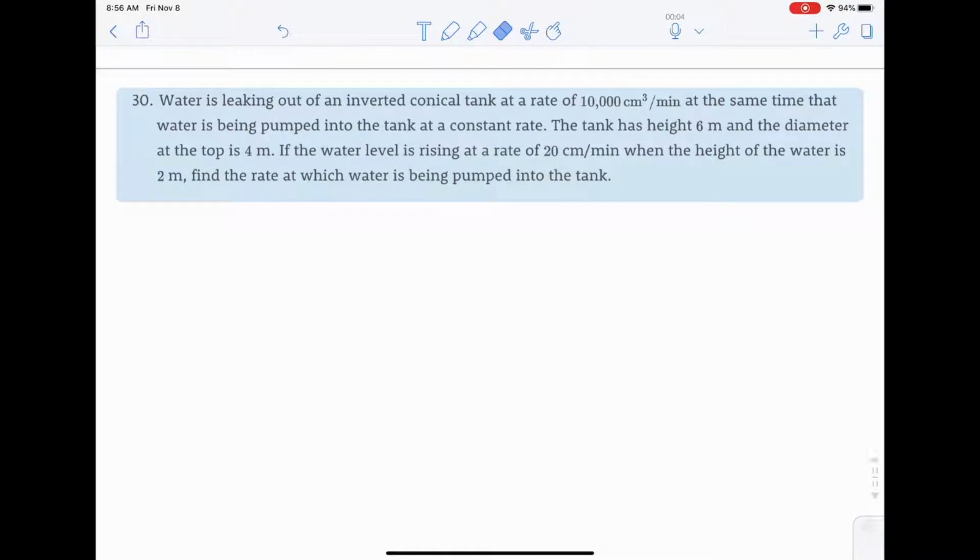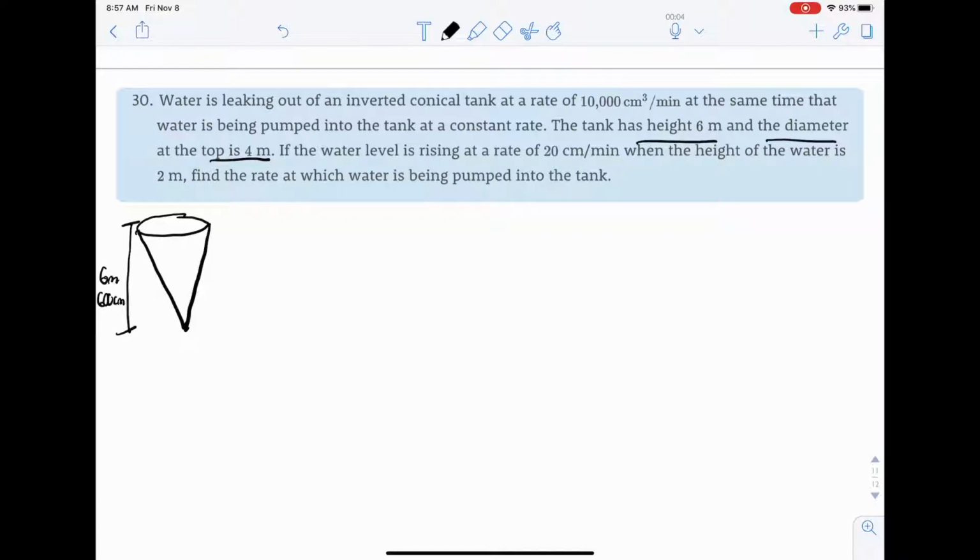Alright, so here's our cone. And we're given the height and the diameter. So it says the height is 6 meters, which we know is equal to 600 centimeters.